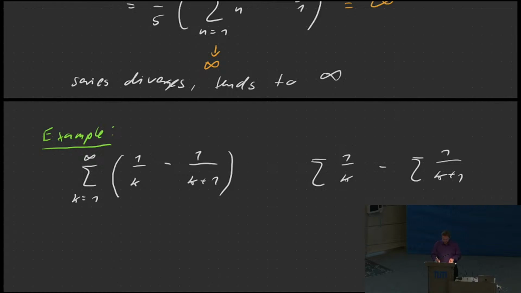Because both of those will now go to infinity, so I get something like infinity minus infinity, and that could be everything. So that doesn't help. Don't do that. Also, formally, it's wrong because you can't split it up because the two sequences don't converge. That only works if you have two convergent sequences. So you need something else here. Let's see if you can figure that out.